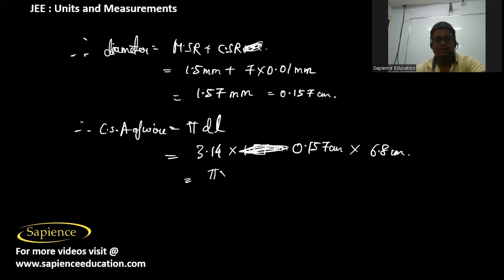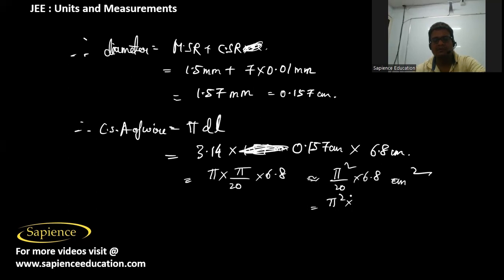So this I can tell is pi by 20, since pi by 2 will be 1.57, so pi by 10 into 6.8. So this is approximately pi square by 20 into 6.8 centimeter square.